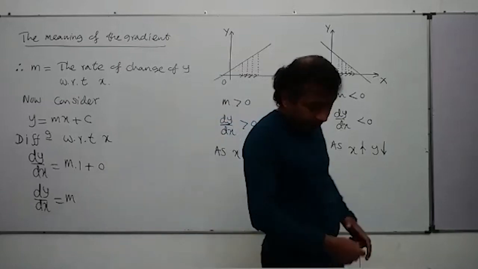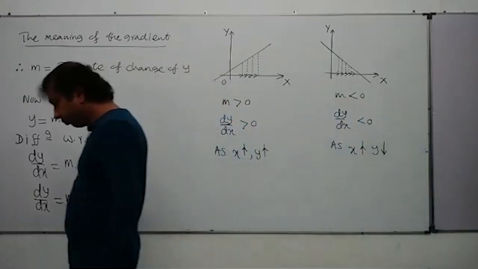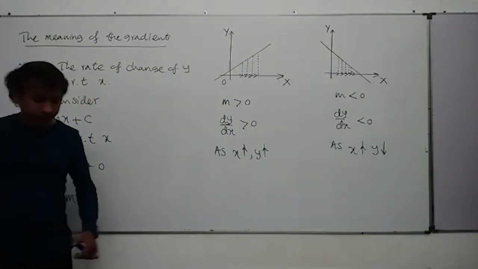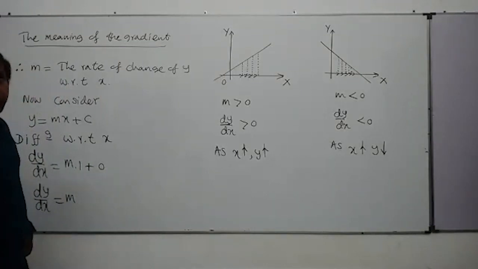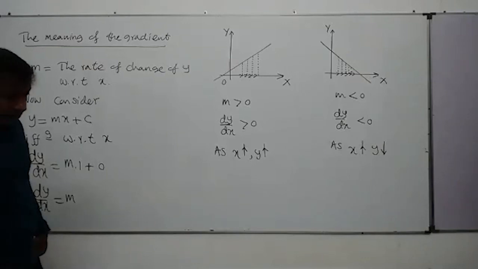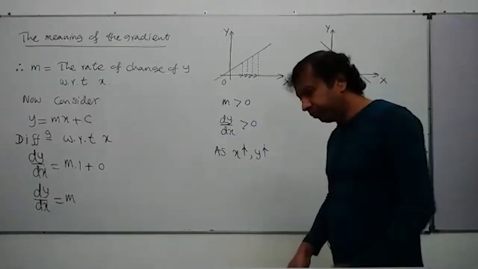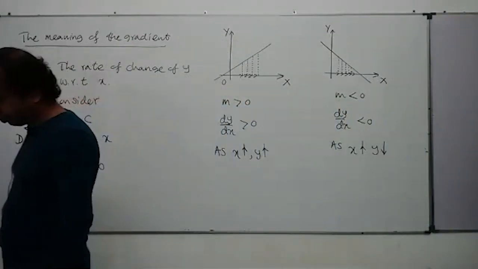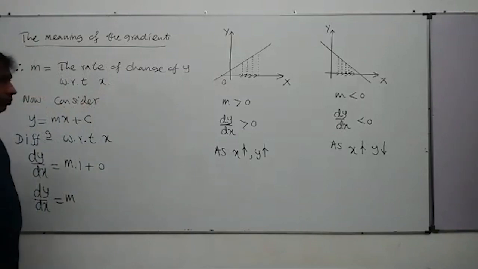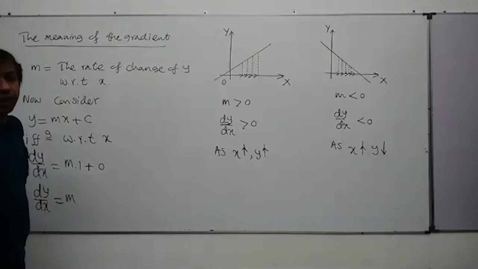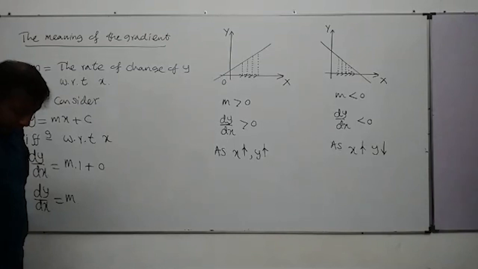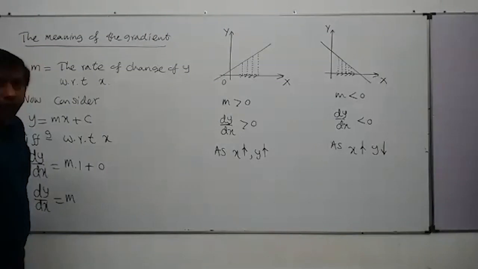Now write down another subheading like this. Gradient of a curve at a given point on the curve.